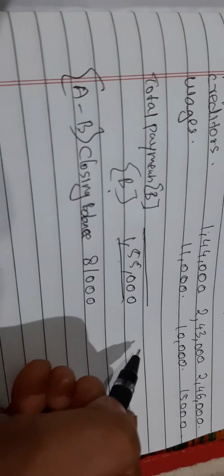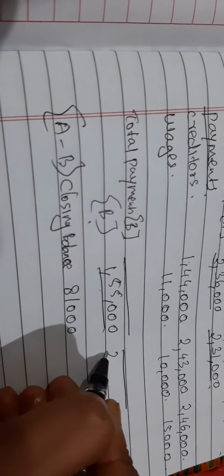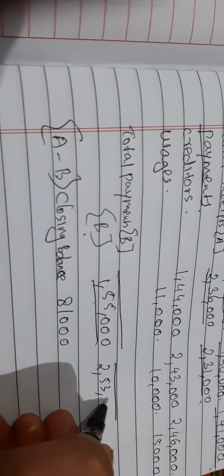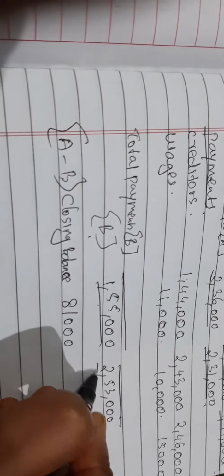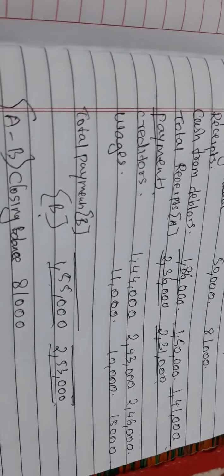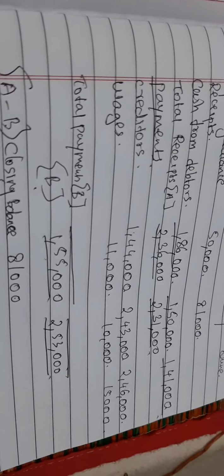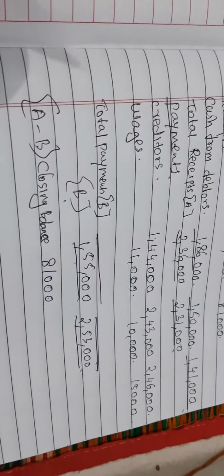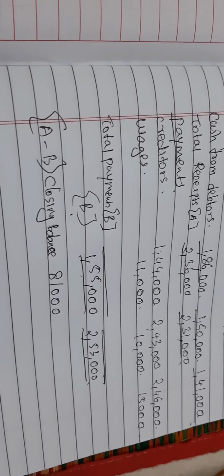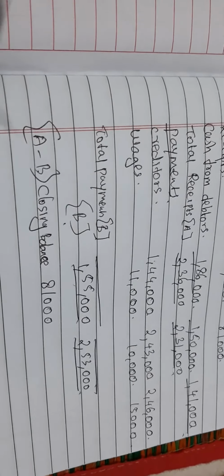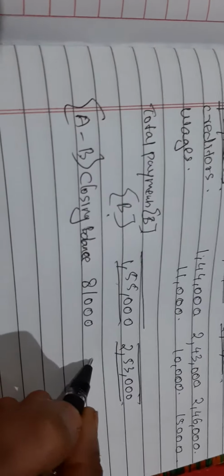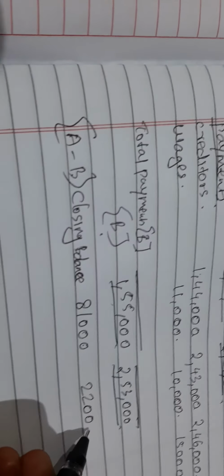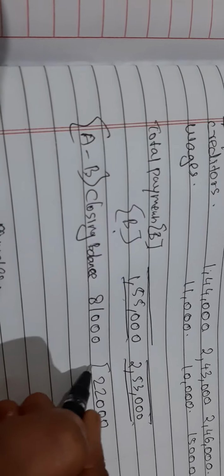Now here total payments 2,53,000. Now same, A minus B, 2,31,000 minus 2,53,000. So that is 22,000 closing balance.